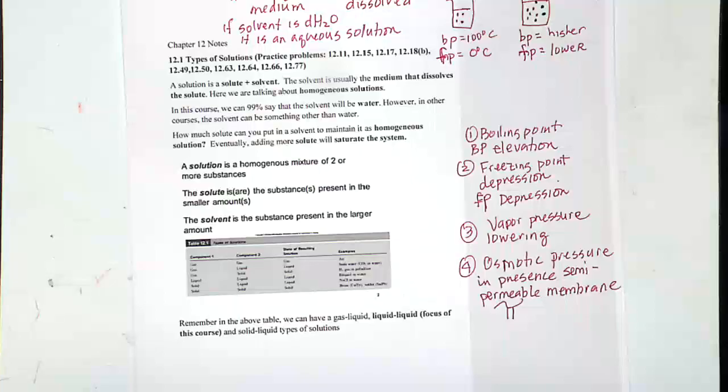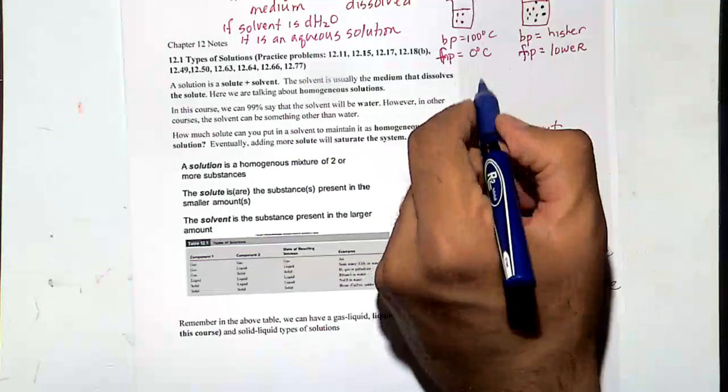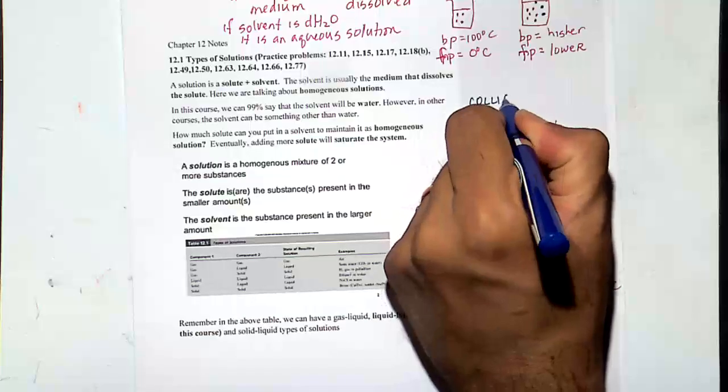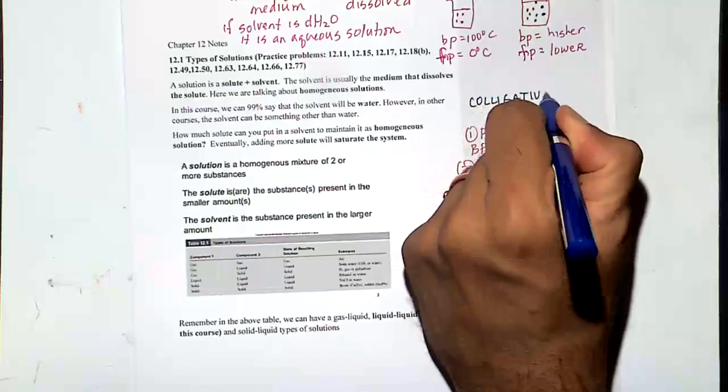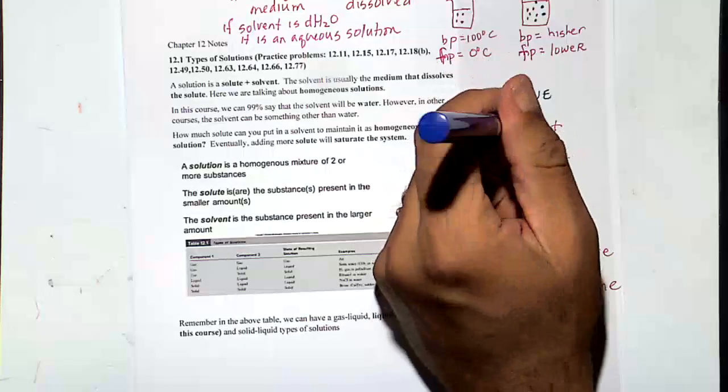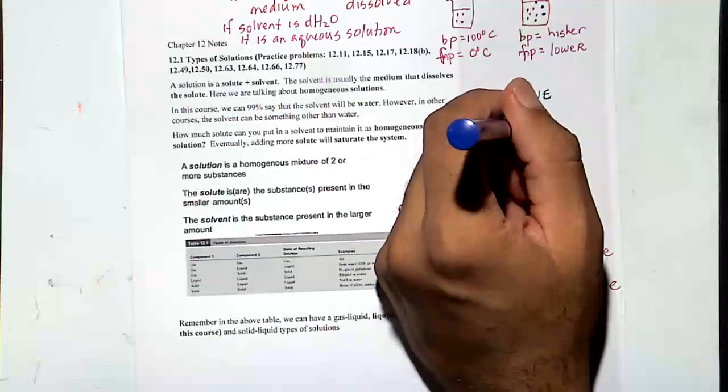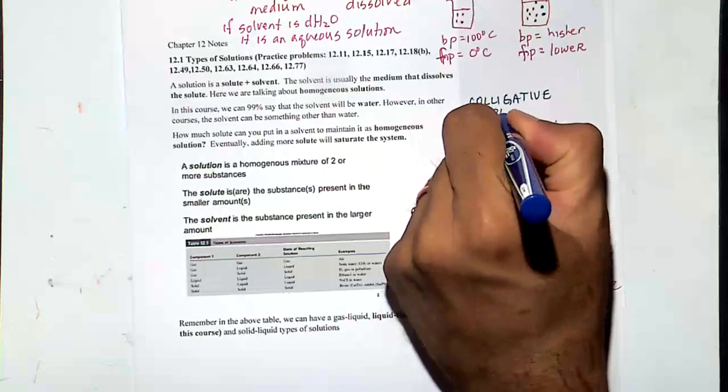Or these 4 things happen if I add a little bit of solute to my solvent. Okay, so we're going to call these 4 properties colligative properties. This is a major theme of this chapter, this idea of colligative properties.